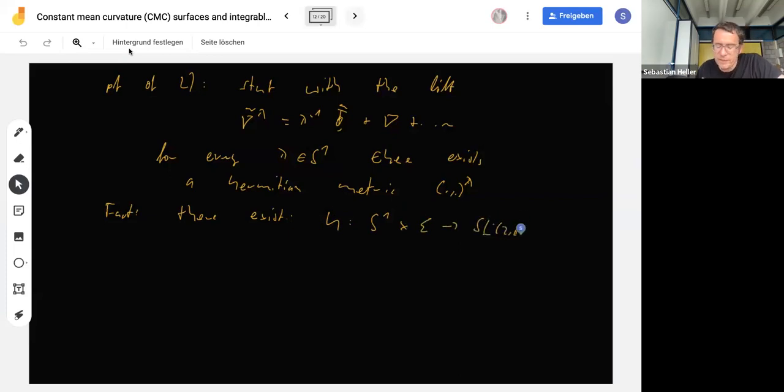We can interpret this as a map from the Riemann surface into the loop group, such that our Hermitian metric, depending on our spectral parameter lambda, is just the standard Hermitian metric pulled back by this H lambda.